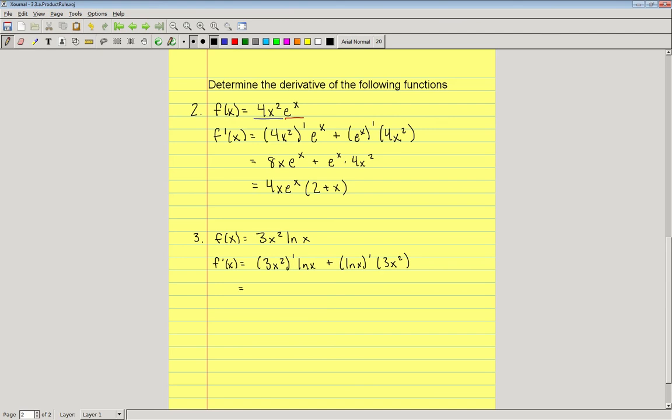The derivative of 3x squared is 6x using the power rule, and then we multiply that by the natural log of x. We're going to be adding to that the derivative of the natural log of x, which is 1 over x, and then times 3x squared.